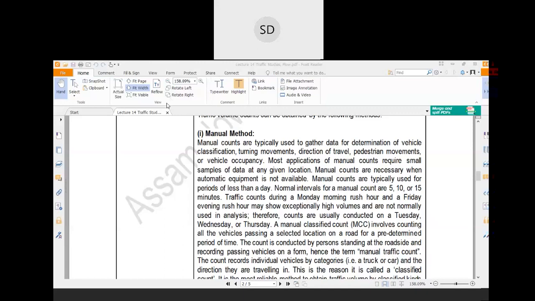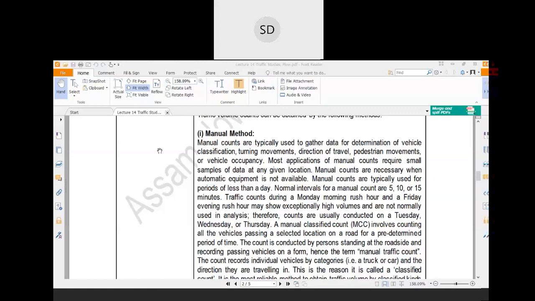Suppose from 6 to 7 a.m., within that 1 hour you just choose 15, 5 or 10 minutes for your survey. This 5 minutes or 10 minutes of data will represent the total hourly data of that particular time period.